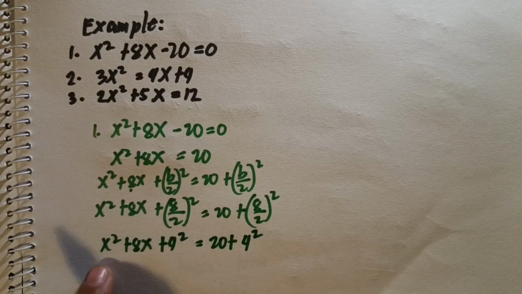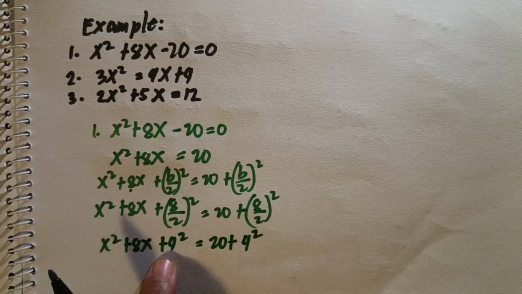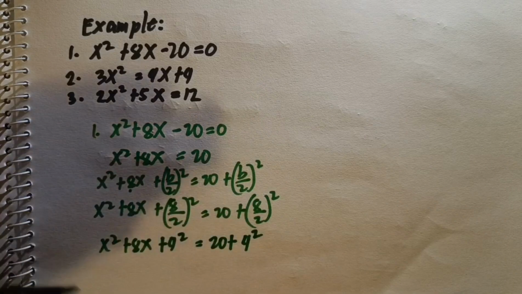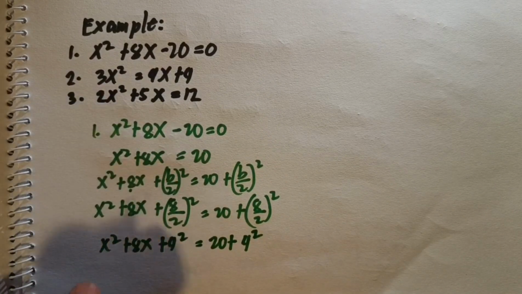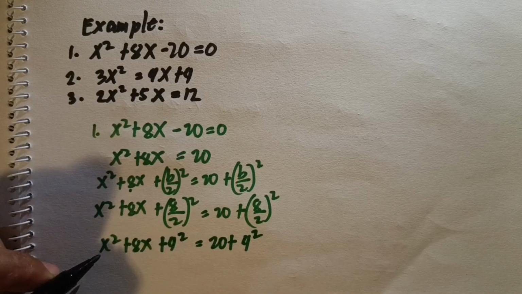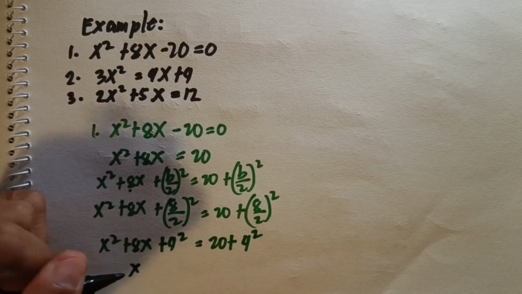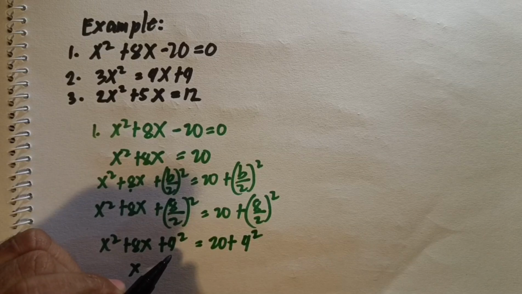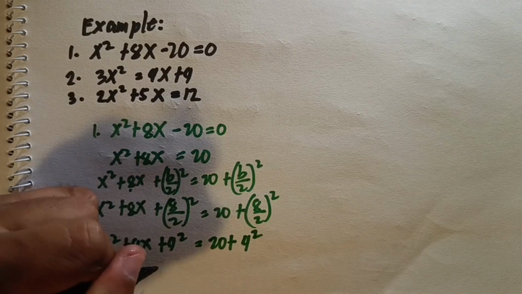So in this case, we now have a perfect square trinomial. So we are going to get the square root of the first and the last term. So the square root of x squared is x. Then the square root of the last term, 4 squared, is 4.